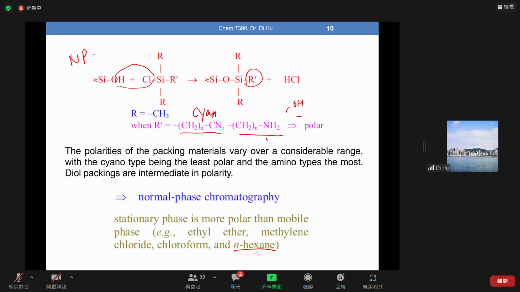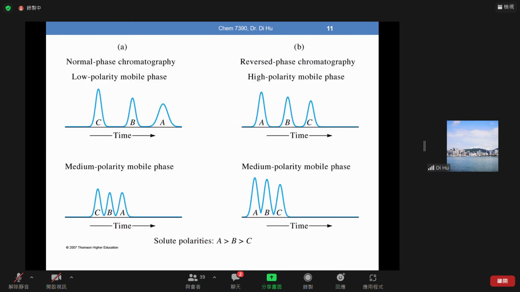Other commonly used polar solvents in normal phase are ether, methylene chloride, and chloroform. You can play with them to adjust the polarity. This is what we talked about last week.